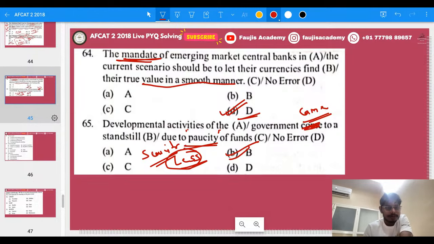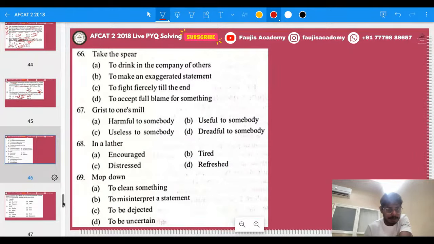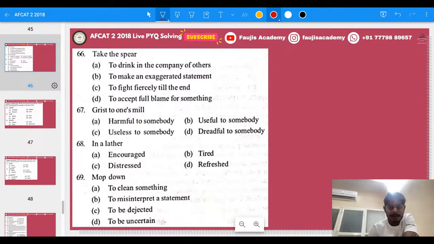Guys are not answering. All right, "to take a spear". What do you think could be the answer? Who takes the spear? A spear is a pointed device which was used for hunting.